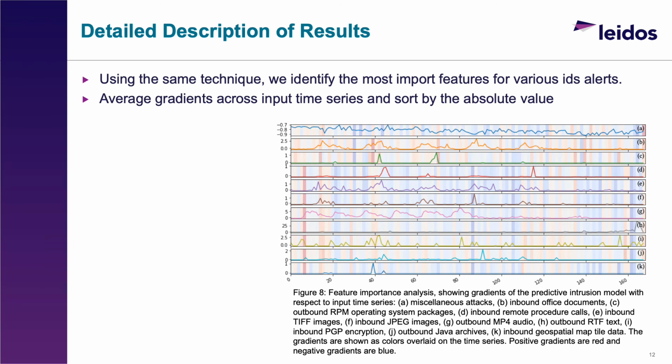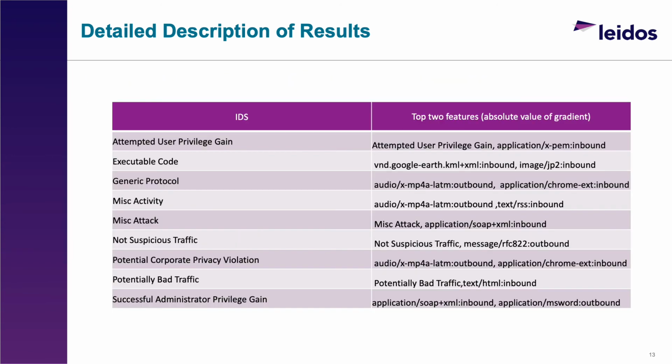In this case, we would just average the gradients across time and then sort by the absolute value of the average gradient. So here's an example of ranking these time series by gradient, and here's a table with a detailed description of the top two features. There are a couple of interesting things you could look at.